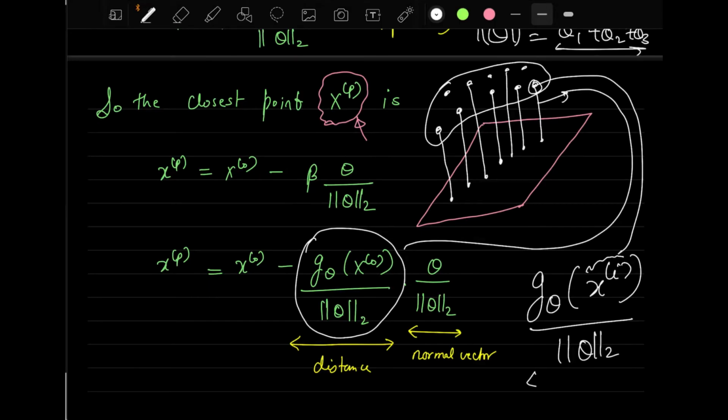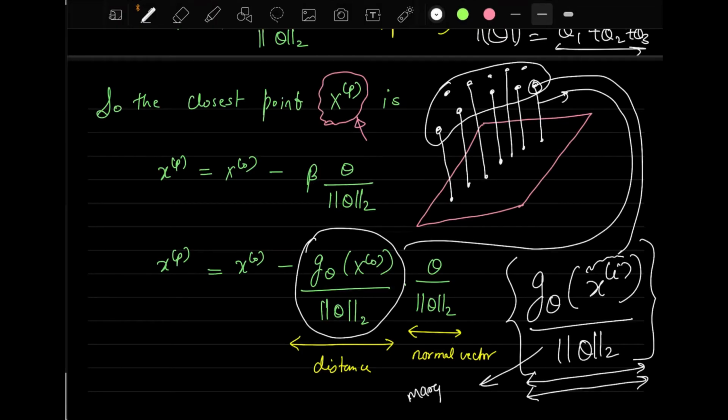So this is the distance that we are actually targeting, and this is what is important in case of support vector machines, because this is actually the margin. Some way or the other these are the margins of these points from the plane, and we want to operate on this margin, so that we want to maximize this margin. This is what our objective is in case of support vector machines.